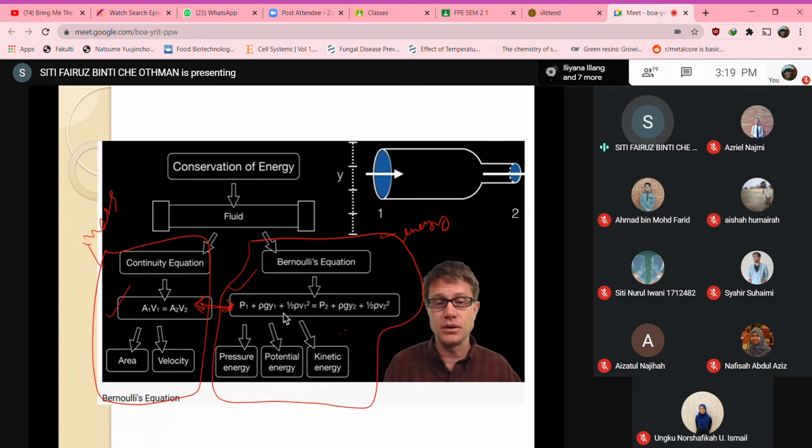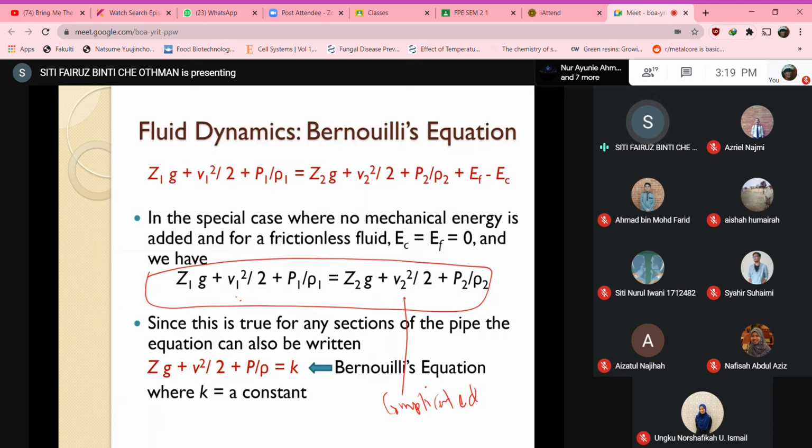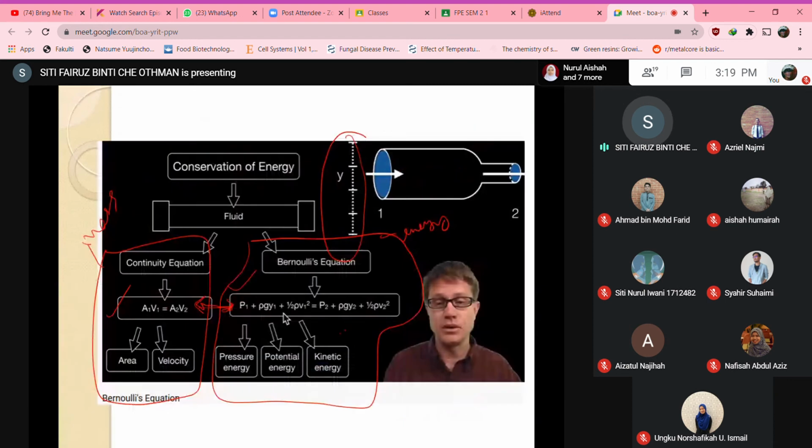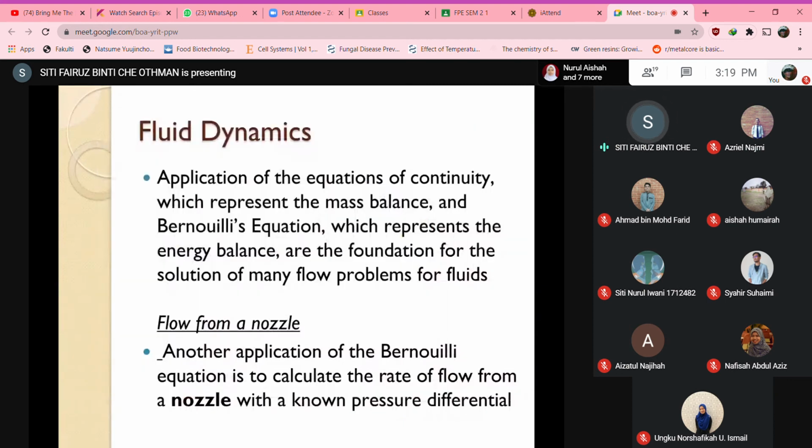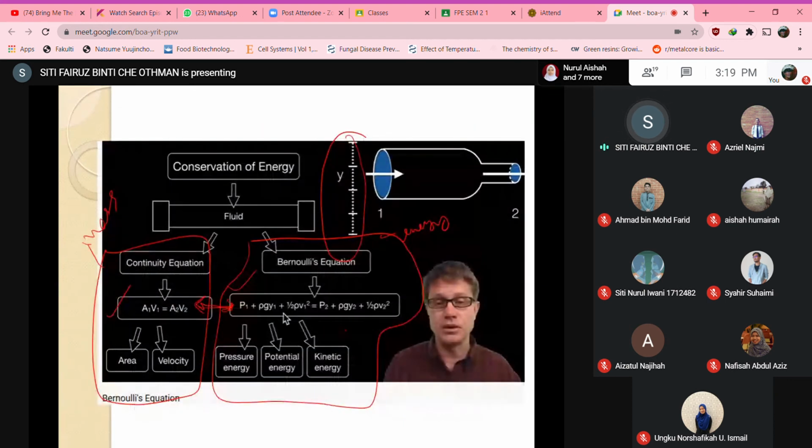Only that for Bernoulli's equation, they start to introduce the height and also the density, the density of this particular property. If you look closely, it's actually the same, you just have to rearrange it. But I think we just go straight to this uncle here.